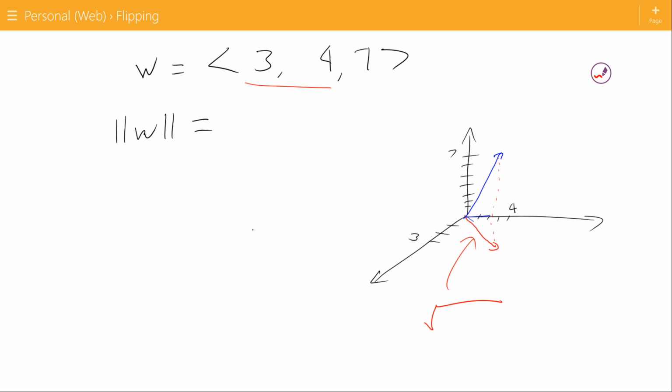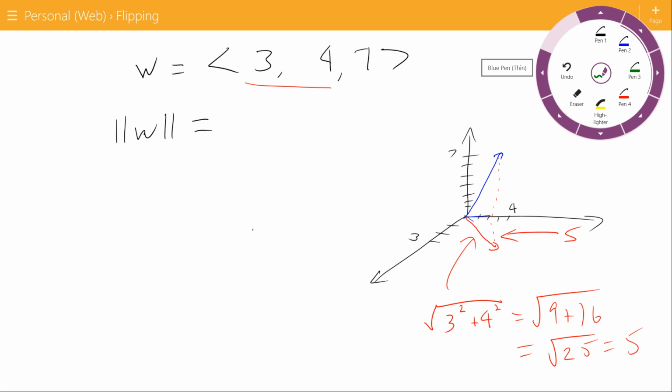So that would be the square root of 3 squared plus 4 squared, which would give me the square root of 9 plus 16, which is the square root of 25, happens to be 5. Yay! Nice number to work with right there. Okay, so this is 5. The length of that is 5.